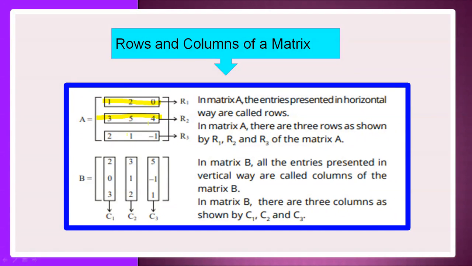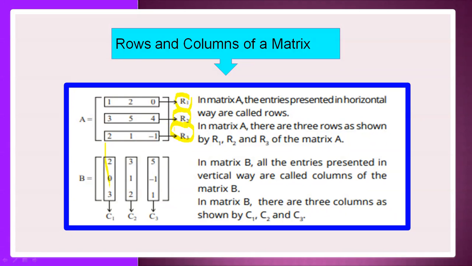Rows, the horizontal lines, will give you the number of rows. This one is R1, this one will be R2, row number 2, row number 3. How many rows do I have? It means how many horizontal lines I have enclosed in that bracket, which is the matrix. I have 3 rows.